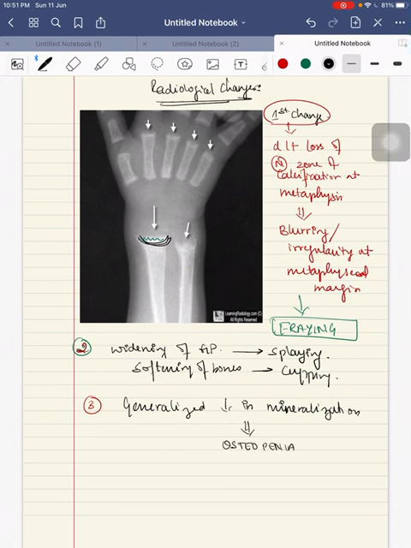Okay, so these are the three important features. What can be the other features are: the osteopenia of the shaft of long bones and thin cortices will be present. There will be a coarse trabeculation of diaphysis and generalized rarefaction that leads to ground glass appearance.